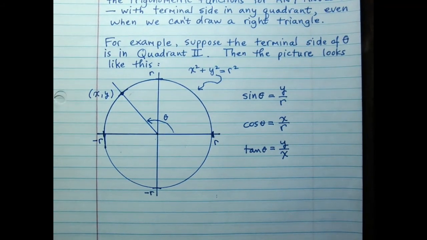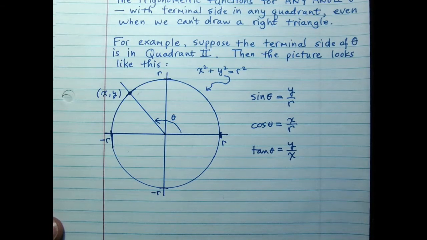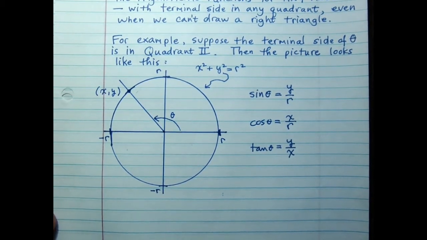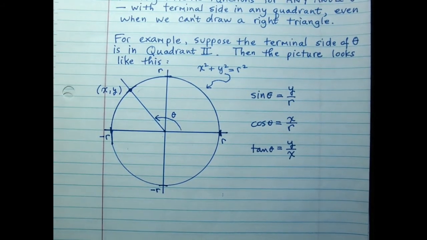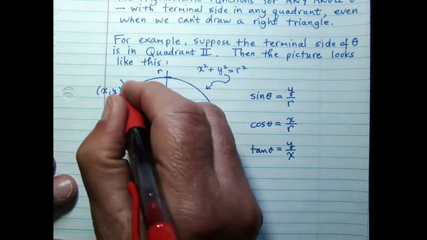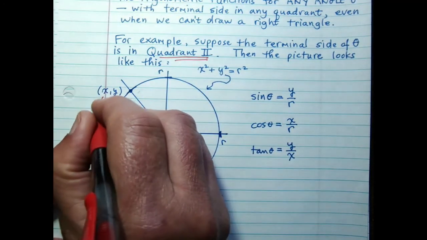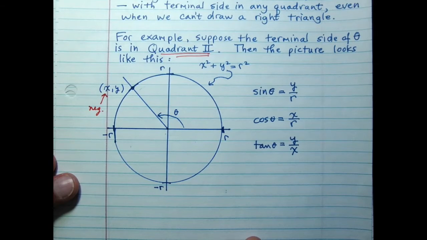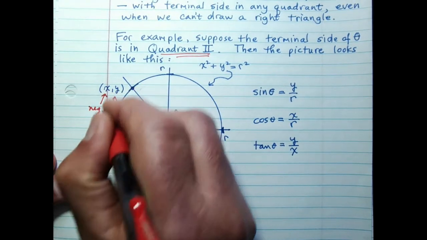Now I want to just make some observations here. The biggest surprise is that now sometimes these values will come out to be negative. So in this picture, because my terminal side is in quadrant 2, x is actually negative, right? And in quadrant 2, y is positive.